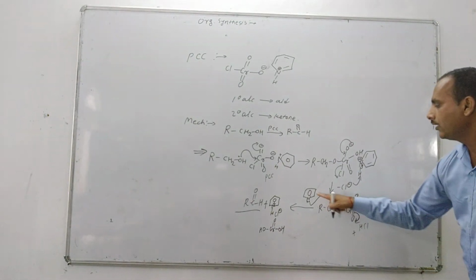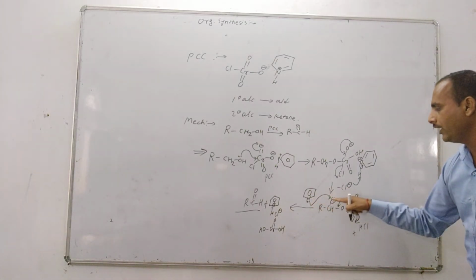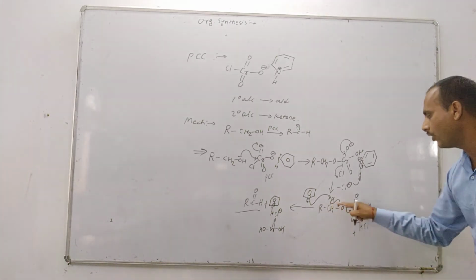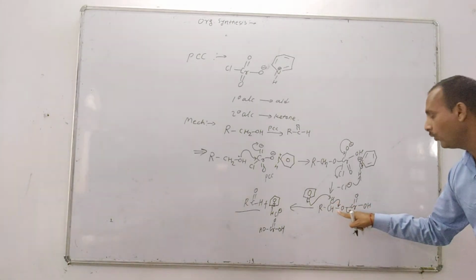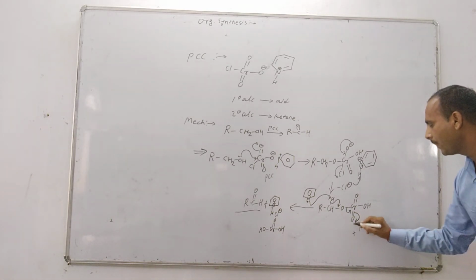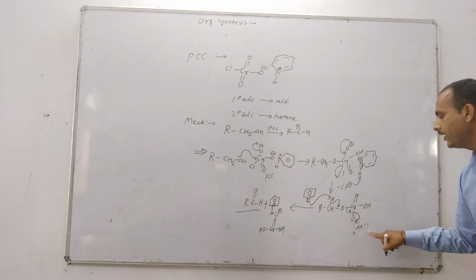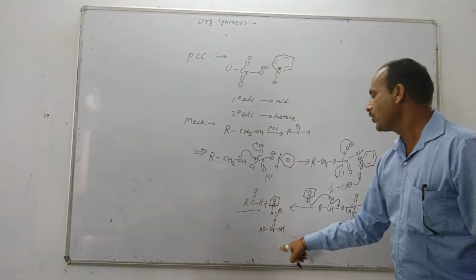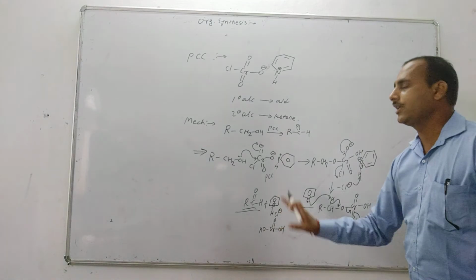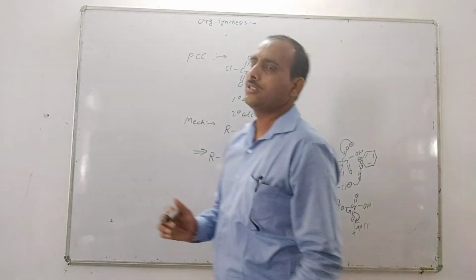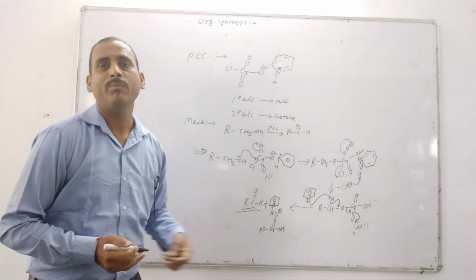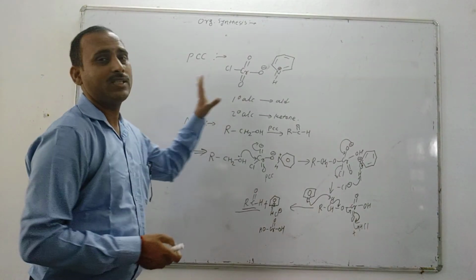Now pyridine takes the proton and forms pyridinium salt again, then there is migration of this single bond to form C double bond O, migrating onto chromium, and O minus takes the proton from H, and there is again Cl minus. So there is formation of aldehyde, pyridinium chloride and chromic acid. Okay, so this is the mechanism for PCC.